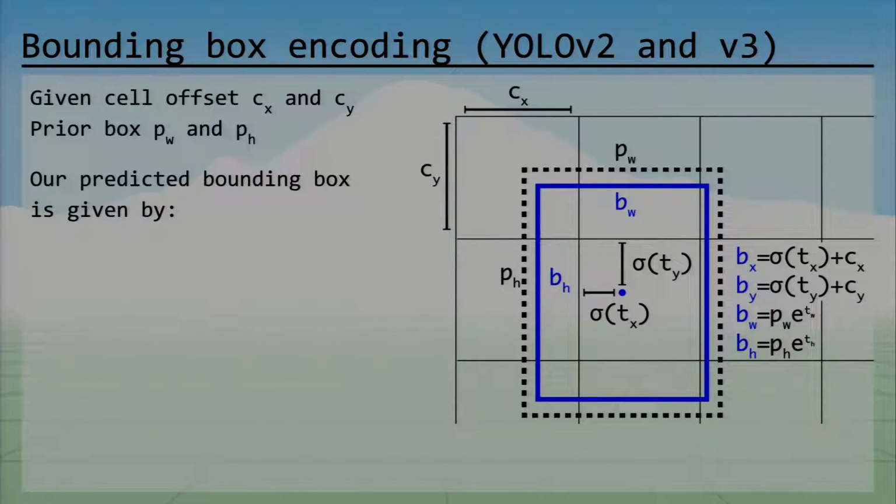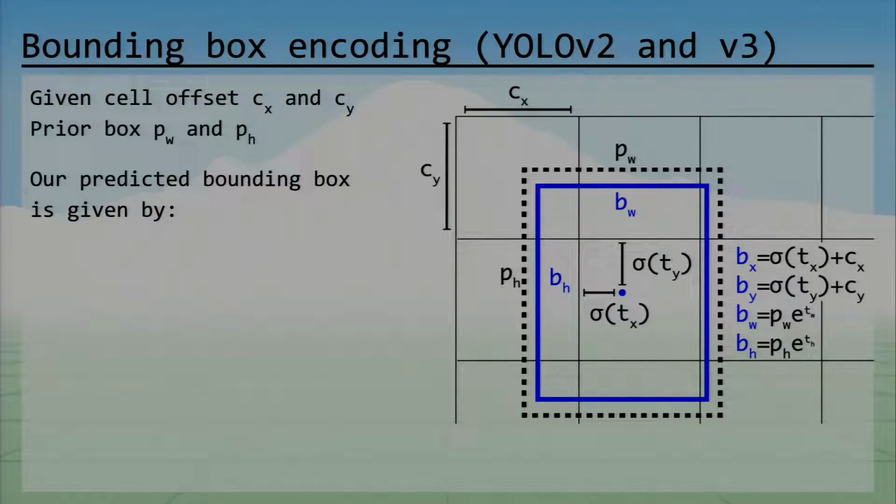If you try to predict those numbers directly, you have this weird prediction where you're kind of unbounded in one direction. If you want to make the bounding box bigger, you're predicting some number from 1 to infinity. And if you want to make the bounding box smaller, you're predicting some number from 1 to 0. So that's a harder prediction to make.